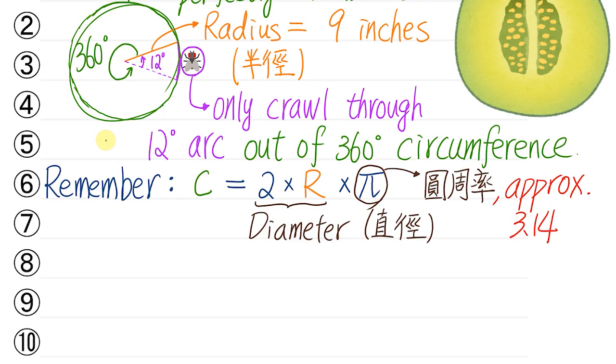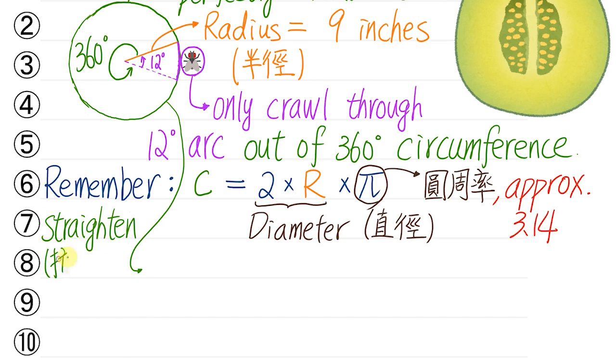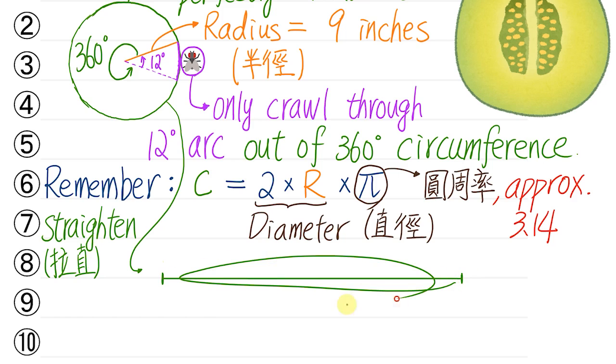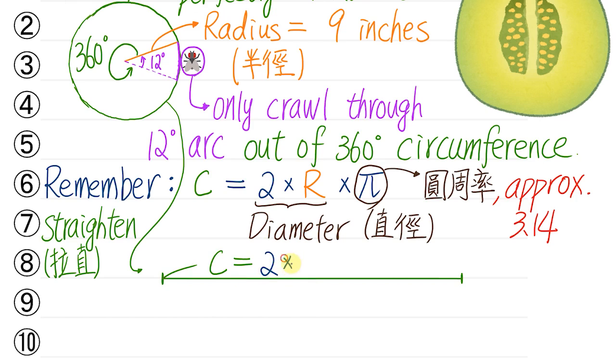Next, let's use a line segment to help us get the length of a 12-degree arc. Take the circumference and let's straighten it, 拉直. Let the length of this line segment represent the total distance around the circle, and that's the circumference, right? So we know its total length is the circumference, C, which is given by 2 times 9, this 9 is the radius of this circle, times 3.14, because pi is taken to be approximately equal to 3.14.